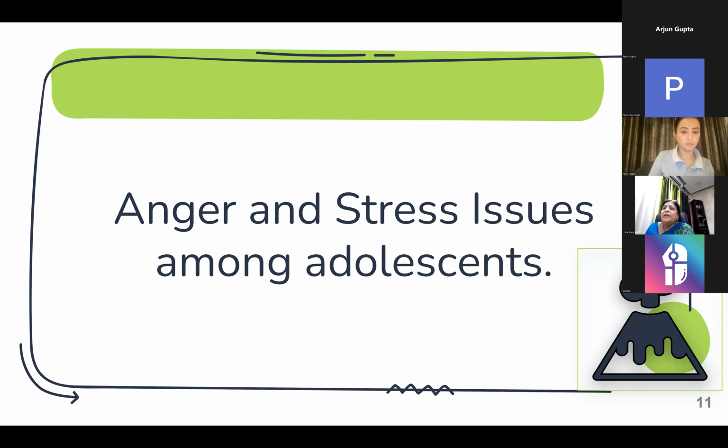Because of all that, there is anger and stress among the adolescents. One gets it, another doesn't get it, or they are not able to achieve something. So there is a lot of anger and stress, and we can take up the many more reasons a little later.